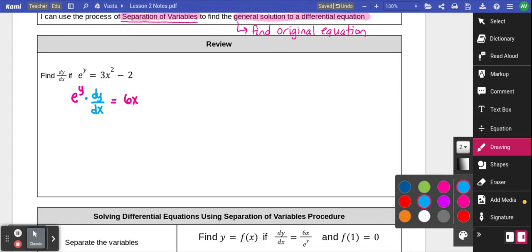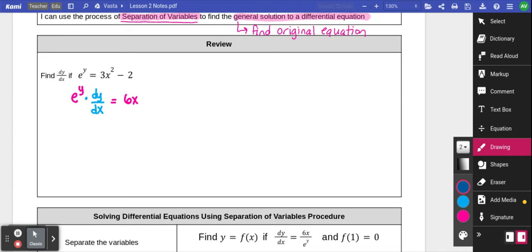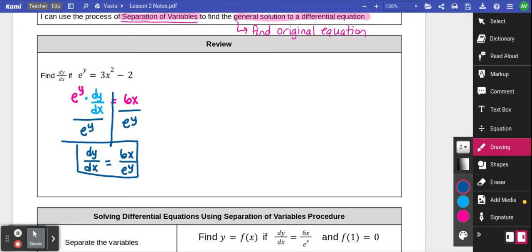After we found that derivative, our next step was just to get the dy over dx by itself. So in order to do that in this problem, my next step would be to divide by e to the y on both sides of this equation. Now, once I do that, I get dy over dx equals 6x divided by e to the y, and that would be my derivative.